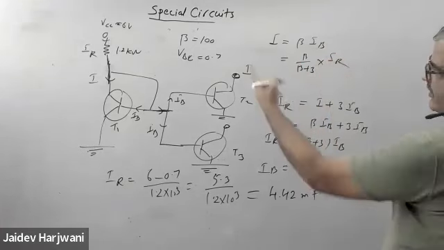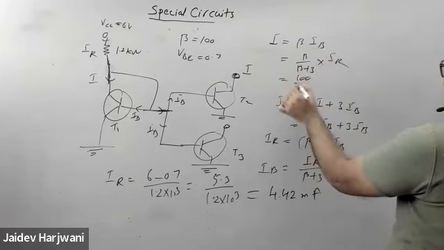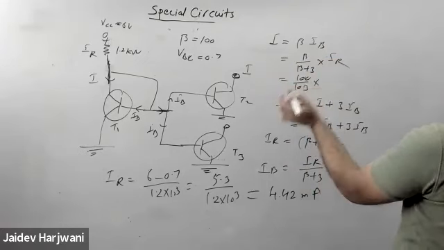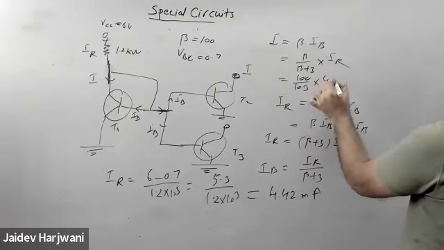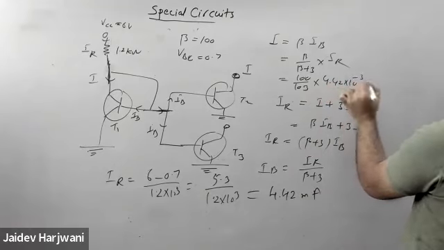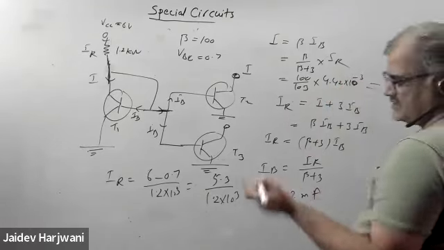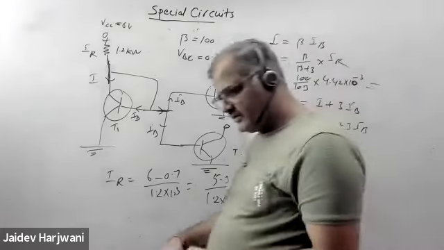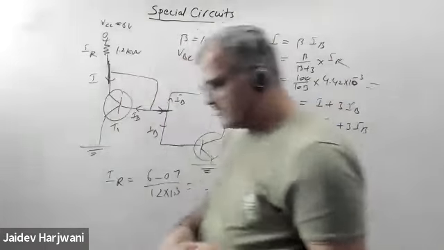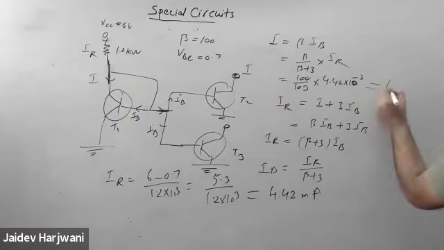You know the IR and the value of beta, so 100 upon 103 into IR is 4.42 milliampere. If you solve this, slightly less than 4.42 will come. The answer given to me is 4.29 milliampere.